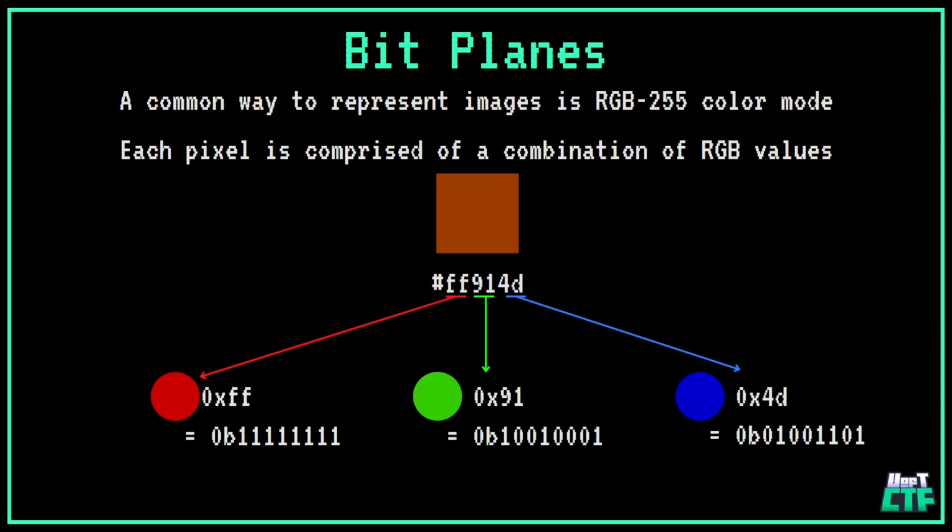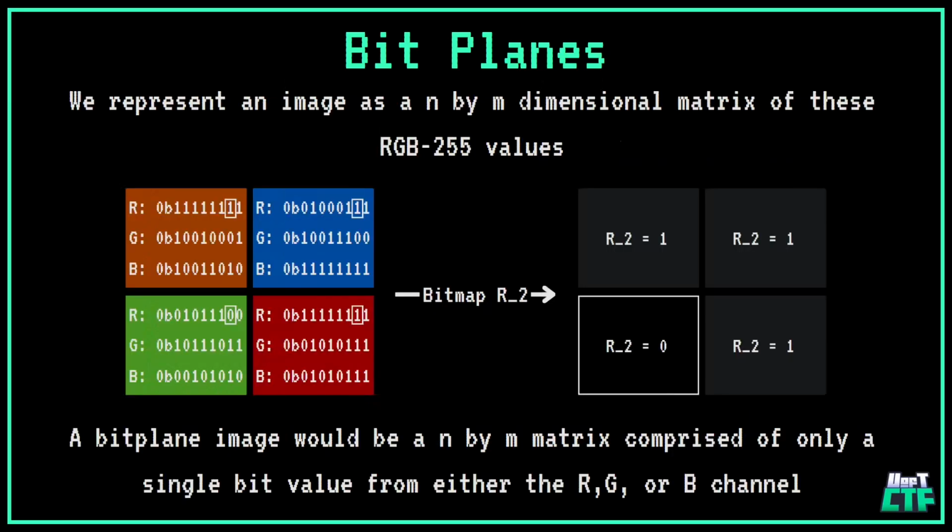So there's a technique called least significant bit steganography, and it abuses these bits. So we're going to create a bit plane. And how you create a bit plane is you pick one of the channels, red, green, or blue, and you would pick a specific bit in that channel. So let's say the second bit of the red channel, and you would only use that.